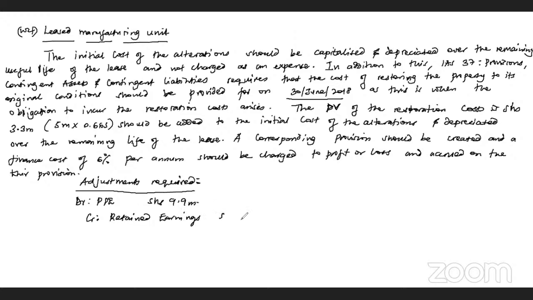Credit retained earnings with the shillings 6.6 millions. Why? Why 6.6? Of course, when it comes to the retained earnings, we know very well that retained earnings will increase by 6.6.